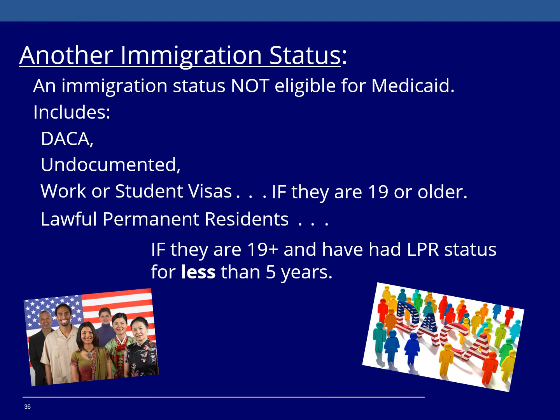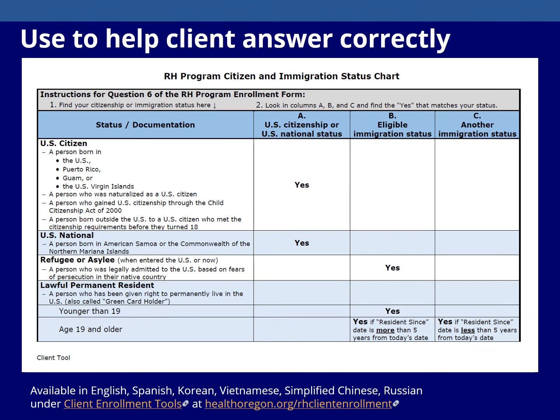As you can see, determining whether a client has an immigration status that puts them in the eligible immigration status category or the another immigration status category is not cut and dry. It is actually super confusing. So to help both clients and clinic staff, we created this citizen and immigration status chart.